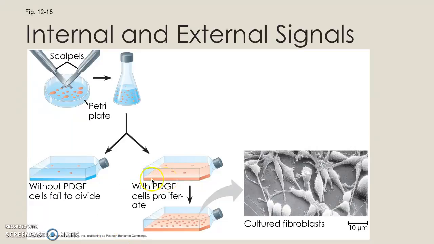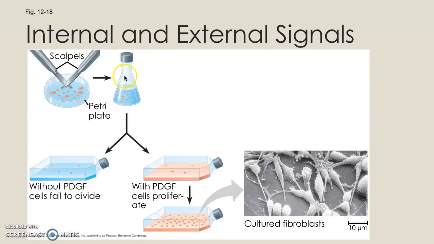The one that does not have PDGF is not going to divide, because the cells need that nutrient in order to divide. The one with PDGF will divide because the cells have that nutrient that's needed. So this would be an example of an external signal, because there is something outside of the cell affecting whether it is able to divide.